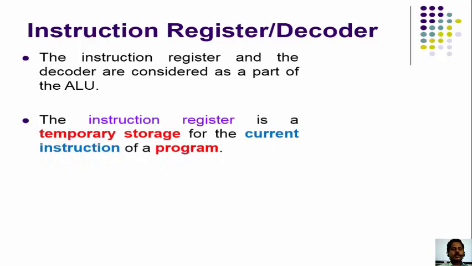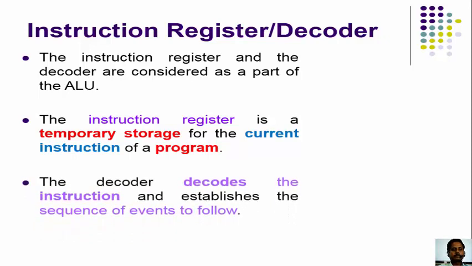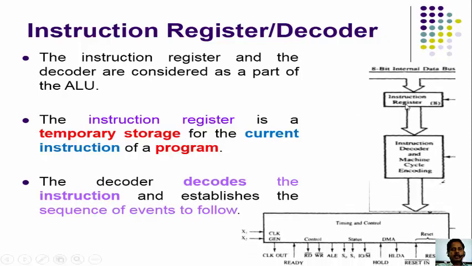So this instruction register is a temporary register for the current instruction of the program. During the execution of the user program, the equivalent operational code of the instruction gets stored in the temporary register, that is instruction register. The next block below this instruction register, that is instruction decoder and machine cycle encoding, performs the decoding operation.